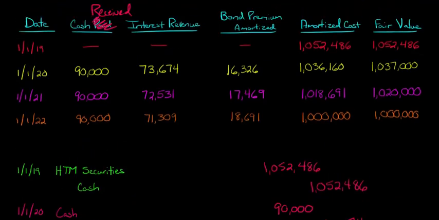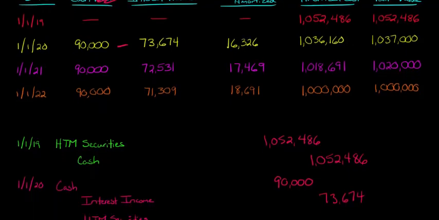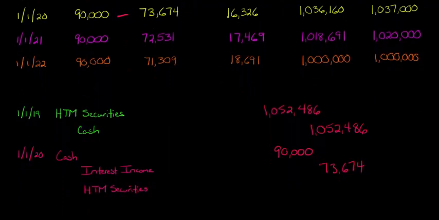Well, we've got that amortization. We're amortizing some of that bond premium. How much is amortized? The difference. We take the $90,000 interest that we received, minus this interest revenue, and that gives the bond premium that is amortized: $16,326. That's going to reduce our held-to-maturity securities on the balance sheet, so the HTM securities are going to go down $16,326.